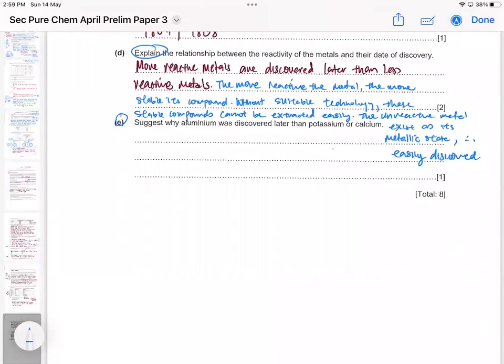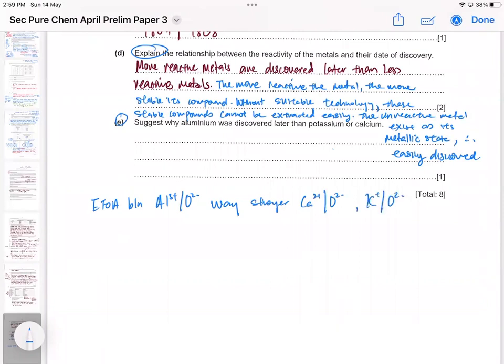the reason why aluminum is so difficult to extract is because the electrostatic forces of attraction between the aluminum 3 plus and oxide 2 minus is way stronger than the calcium oxide or the potassium oxide.